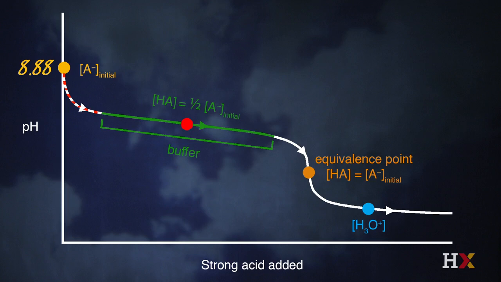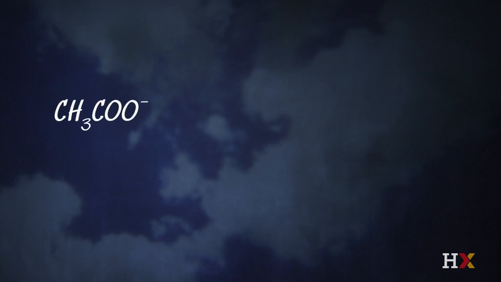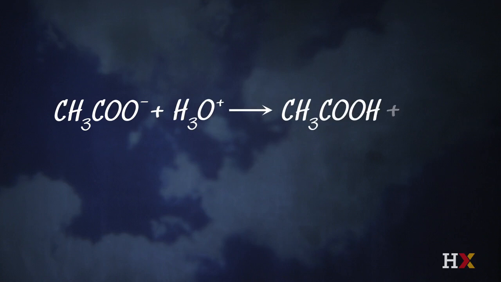But we know something else, and this is always important to write down to remind ourselves exactly what the reaction is and what's happening when we're adding those increments of acid to that initial base. So we have the acetate anion, that's the base. We're adding a strong acid, the H3O plus, and that reaction produces our acetic acid molecule plus water.